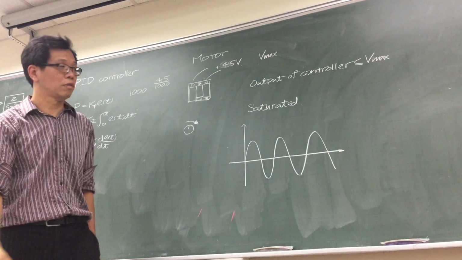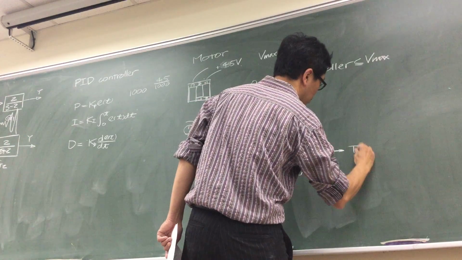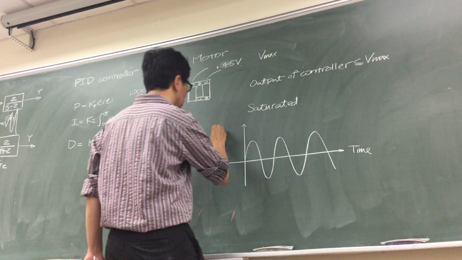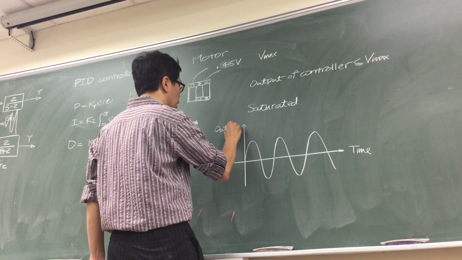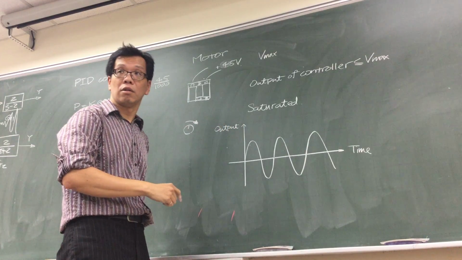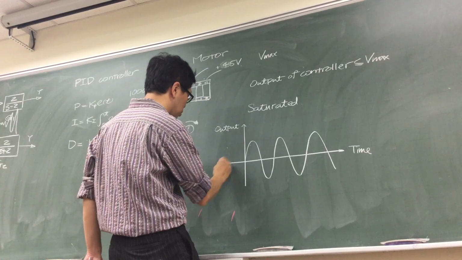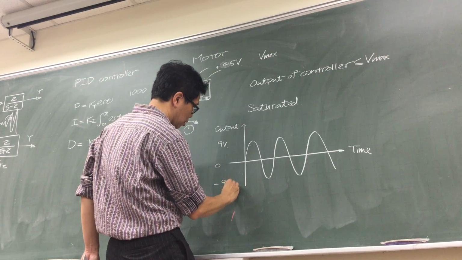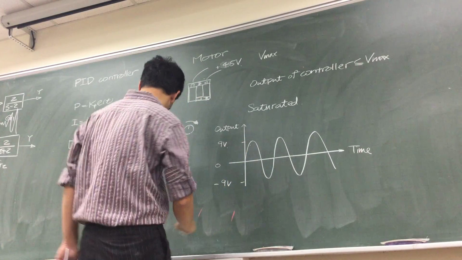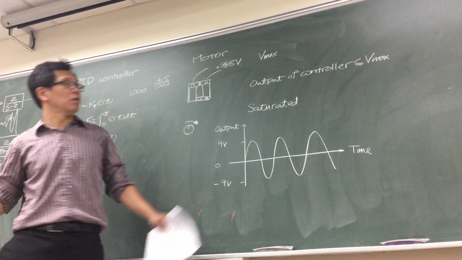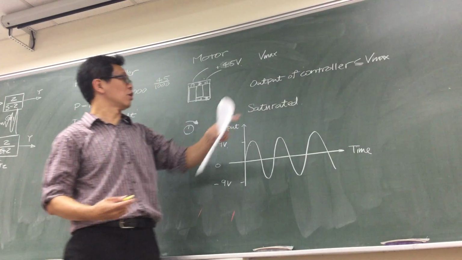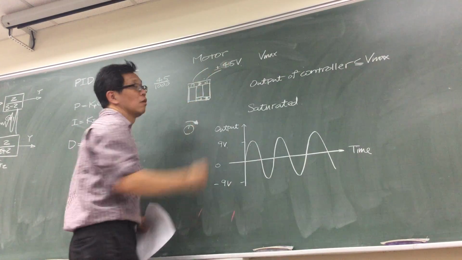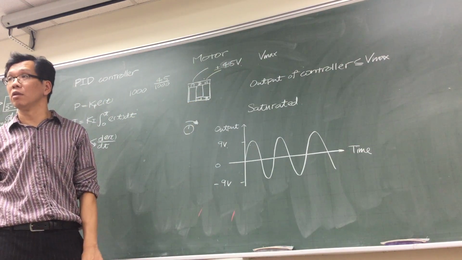Okay, you have sine wave. Output. So after an amplifier, the output becomes 0 to 9 volts. But your power supply tells you you can only generate positive minus 4.5 volts. What happened?